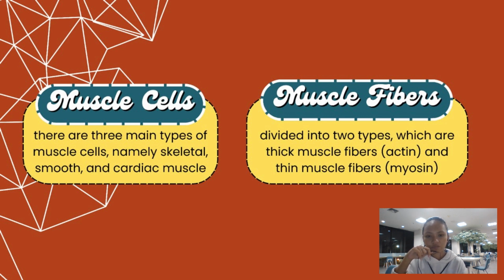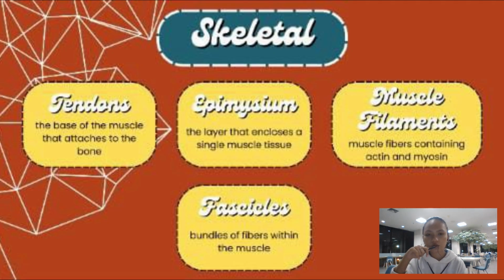Okay, first, skeletal muscle. Skeletal muscle has 7 structures, which are tendons, the base of the muscle that attaches to the bone. Second is epimysium, the layer that encloses a single muscle tissue. Third is muscle filaments, muscle fibers containing actin and myosin, like I said before. Fascicles are bundles of fibers within the muscle.